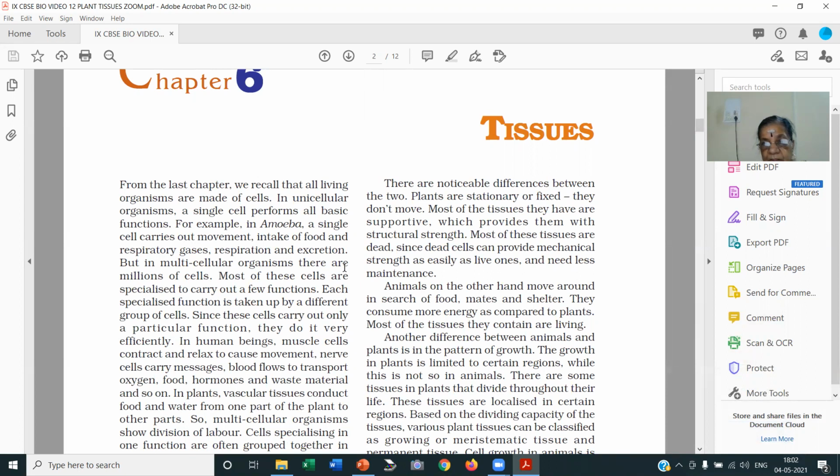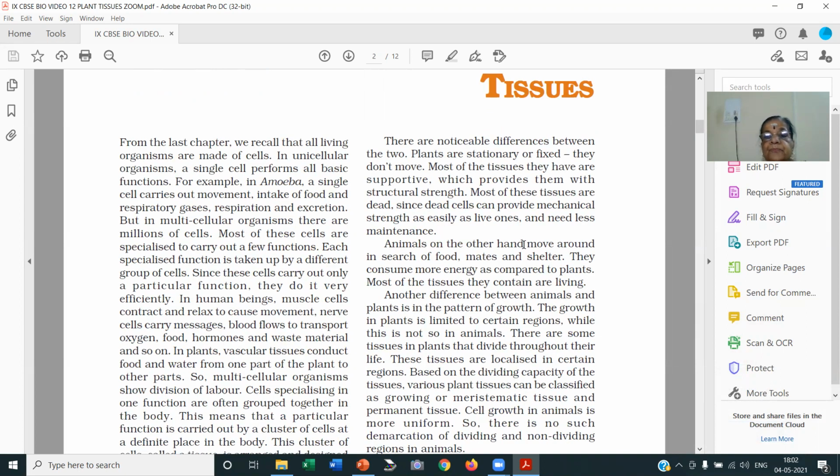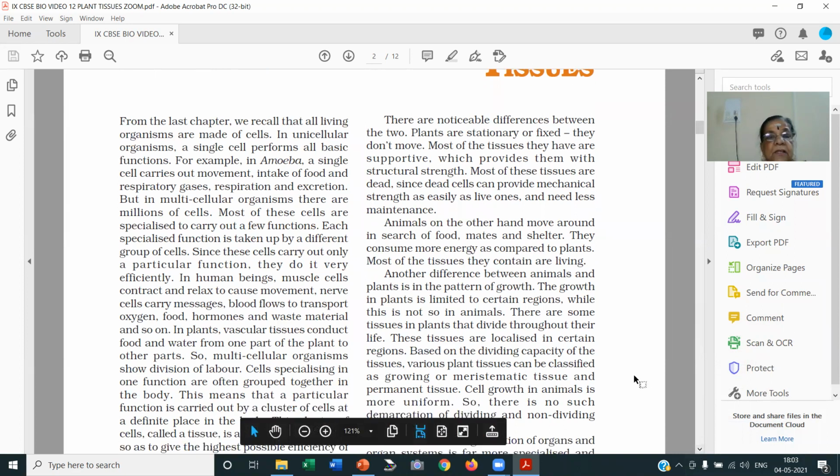Are you listening? Then, each specialized function is taken up by a different group of cells. Since these cells carry out only a particular function, they do it very efficiently.